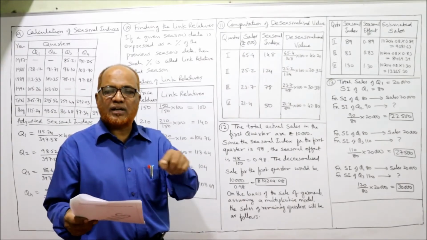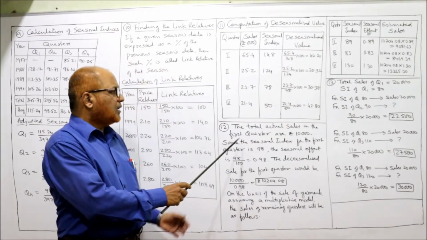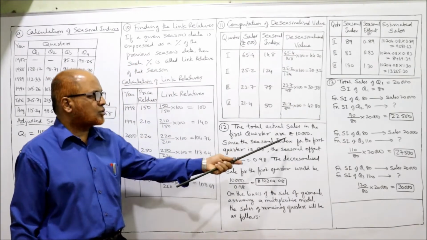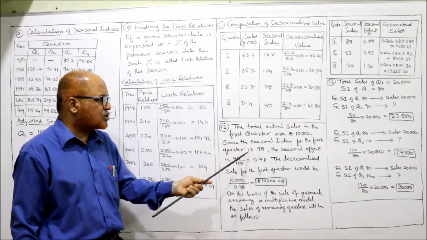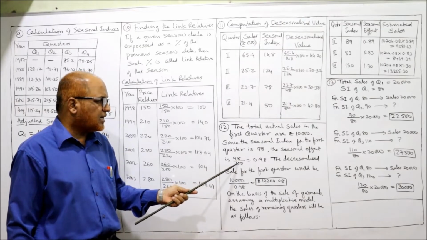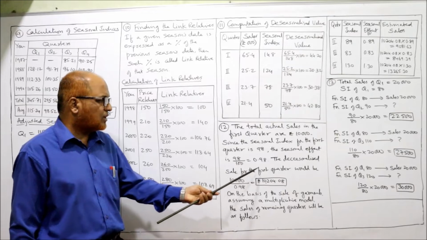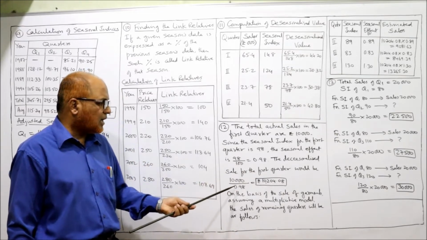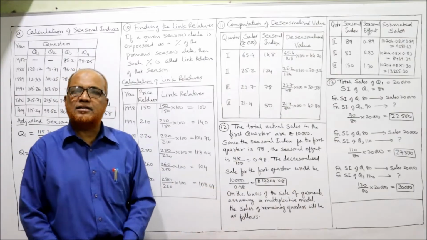In the first quarter, the actual sales are 10,000. That is given in the problem. Since the seasonal index for the first quarter is 98, the seasonal effect is 98 by 100, 0.98. The deseasonalized sales for the first quarter would be 10,000 by 0.98, which is 10,204.08.